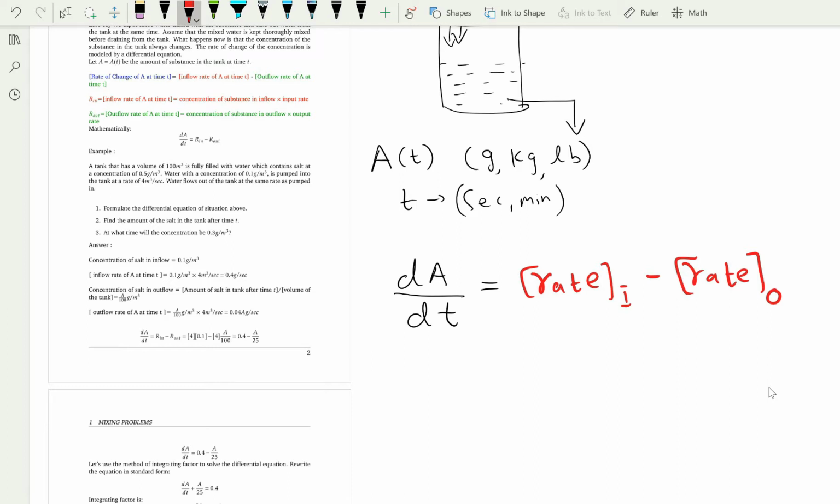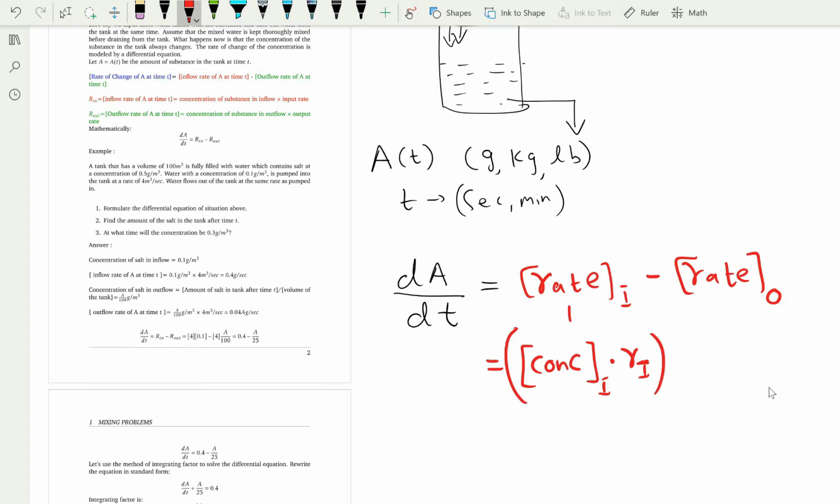Even though we say it is the rate that salt comes in, it's actually the concentration of the incoming salt times the rate of water that's coming in. That's the actual rate.